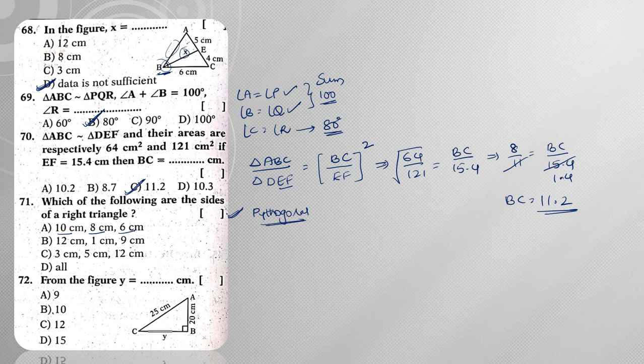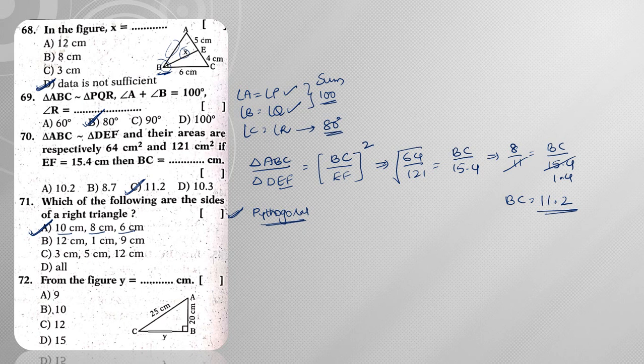The sum of those two will be equal to 10 square, which is 100. So the remaining options will not satisfy. 5, 12, if it were 13, then it would have satisfied, but it is not 13 now. So likewise we can verify. Next, from the figure, how much is y?